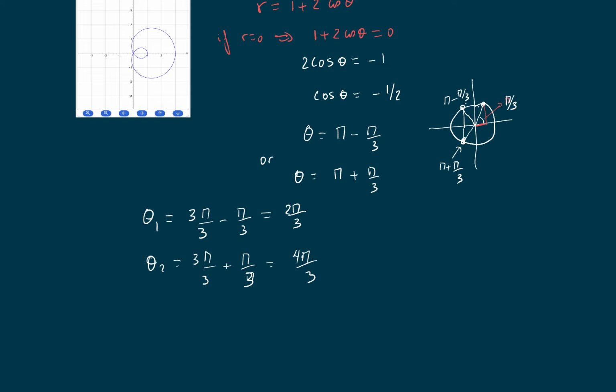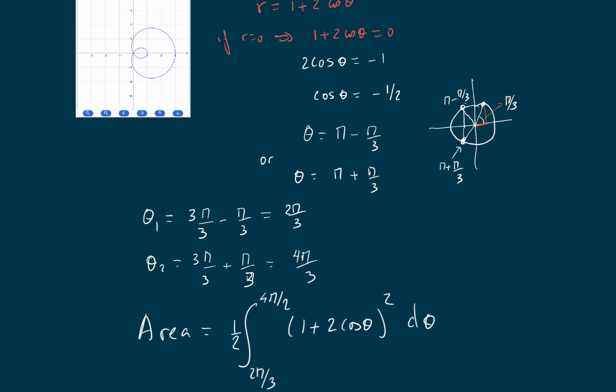So now we set up the integral. The area of this inner loop is 1/2 times the integral from 2 pi divided by 3 to 4 pi divided by 3 of r squared, where r squared is (1 plus 2 cosine of theta) squared, d theta. If you make the integral, you should find the same result.